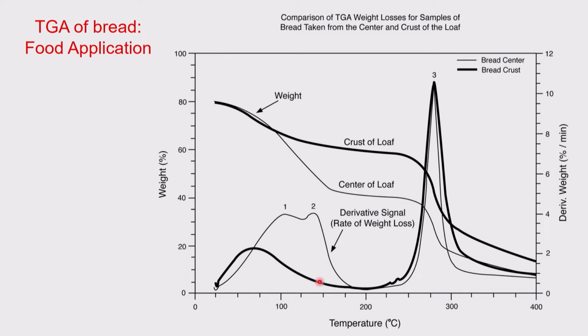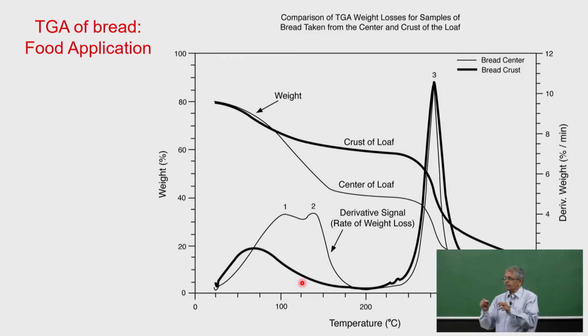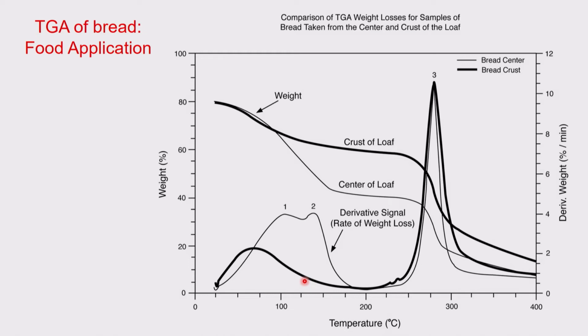So from this you can easily make out the difference in the material, the water loss that you have in the crust part and in the interior part, because they use a slightly different combination to make the crust, and their heating will differ, and that will decide the crispness and the holding of the bread, etc. So the bread makers will obviously worry about those things.